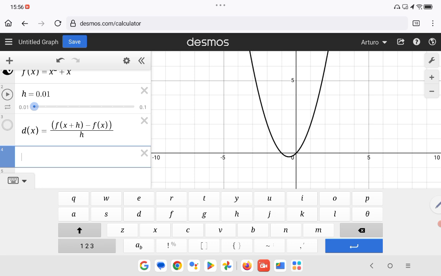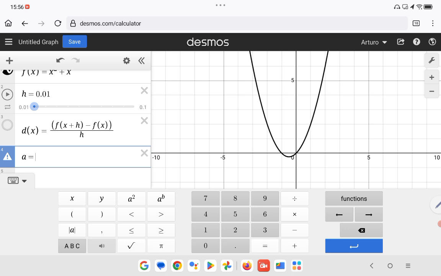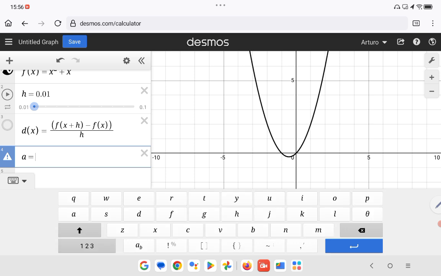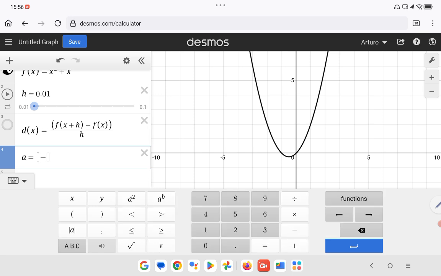So the next thing that we need to do is to create a list. In this case, I'm going to call it a, equal square bracket, and we're going to begin from negative 3, comma, negative 2.75, comma, and the ellipsis, which indicates a pattern.